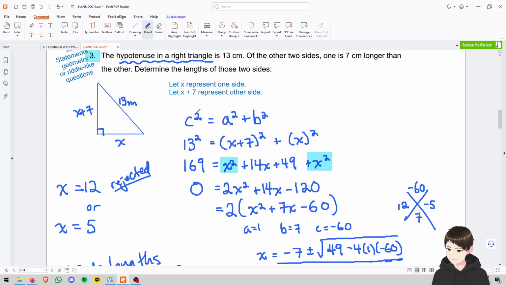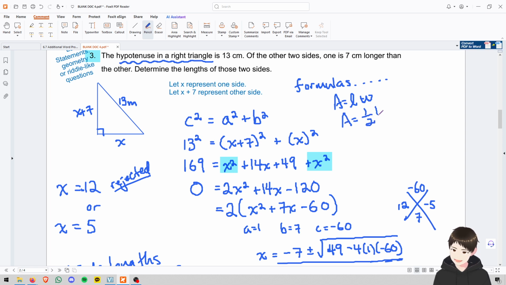Geometry. There are situations where you will have to pull formulas from other circumstances. So it could be Pythagorean theorem, it could be area of a square or a rectangle, it could be area of a triangle, it could be area of a circle, it could be area of anything really.